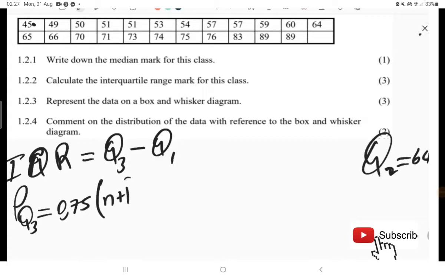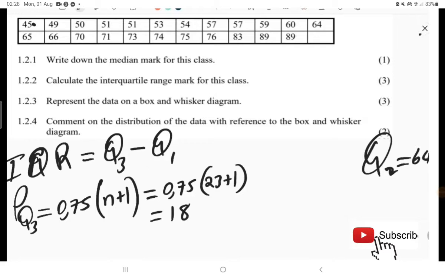Then in the place of n we put 23, plus 1. Then the answer for the position of Q3 is going to be 18. When you press your calculator, you get 18.